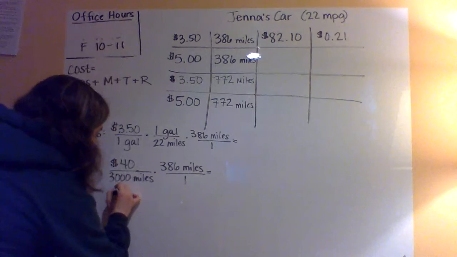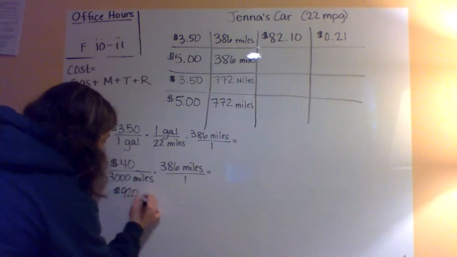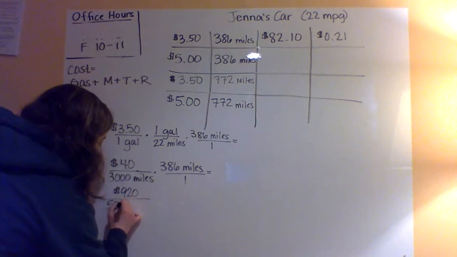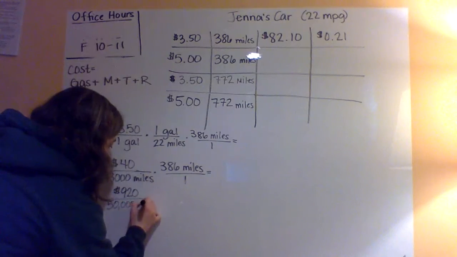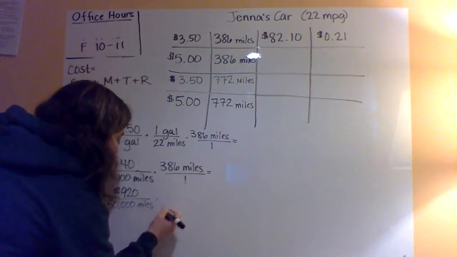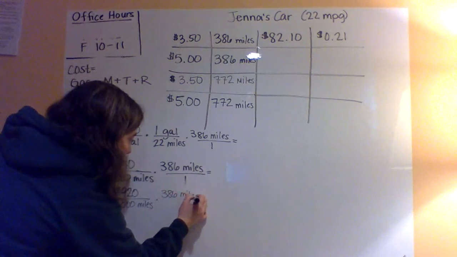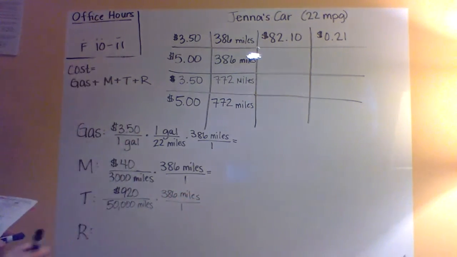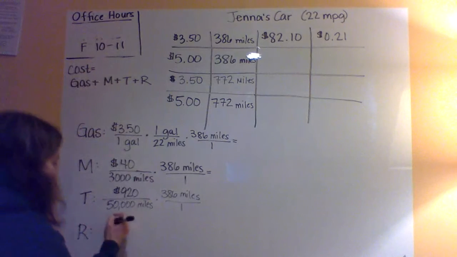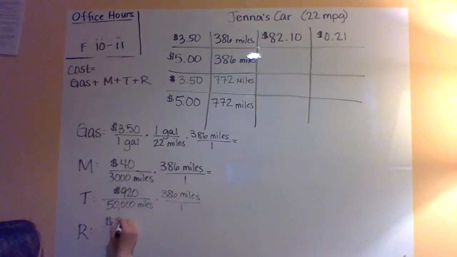So tires, we said, were $920 every 50,000 miles. And she's going 386 miles. And finally, the repairs were $328 every 15,000 miles.